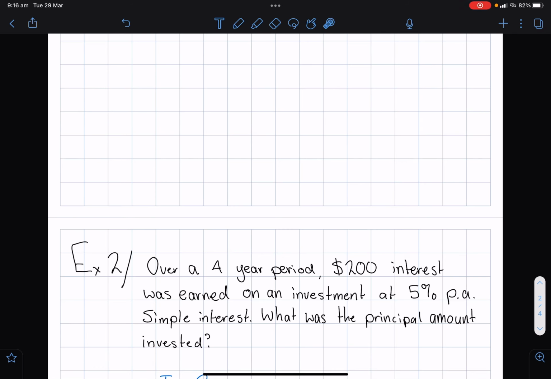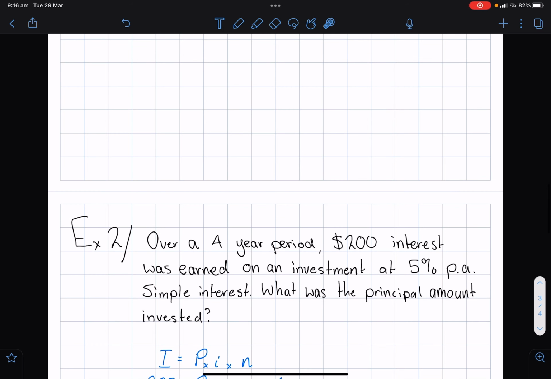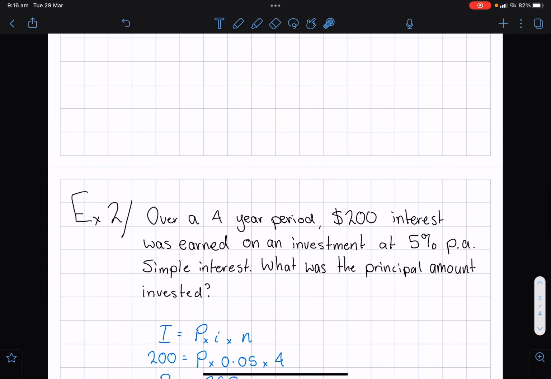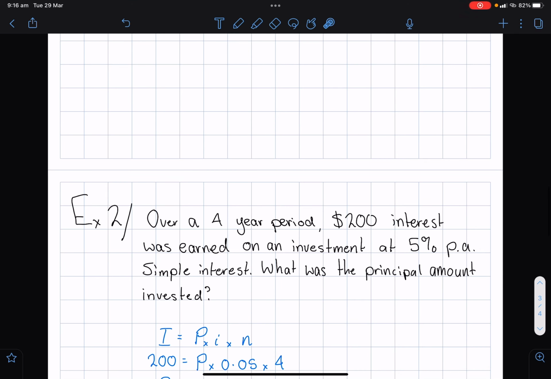Straight away, we're going to write out our formula, in I equals P times I times N form, substituting in the information we know. We know capital I, we're given that. We know little I, we're given that, just convert it to decimals.